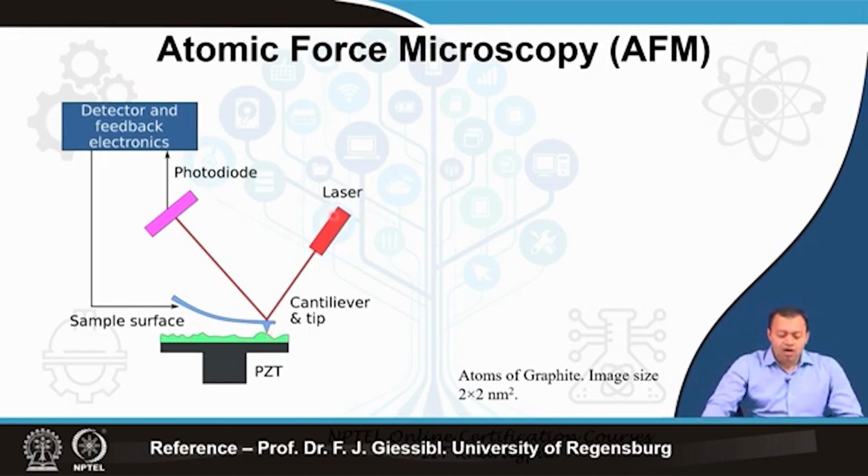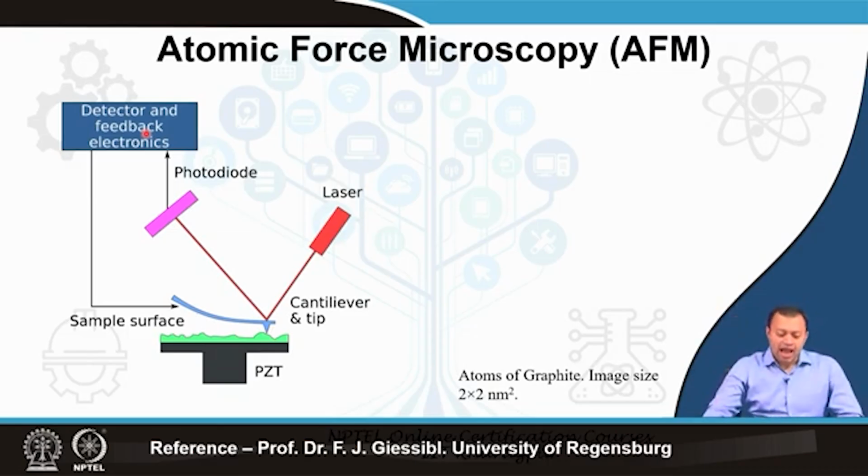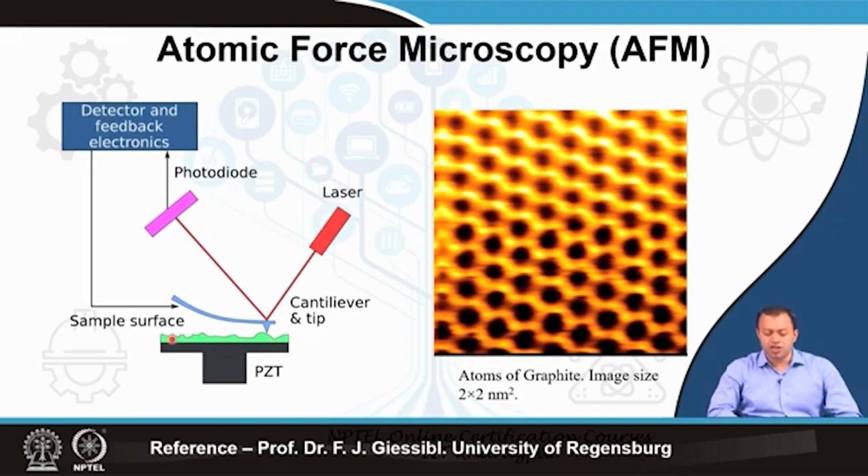It is connected with a laser-based photodiode which gives you detection and feedback control, so that the cantilever can bend appropriately and move through depressions and elevations. Based on the up and down movement of the cantilever as it moves through the surface, you can get a very precise image.